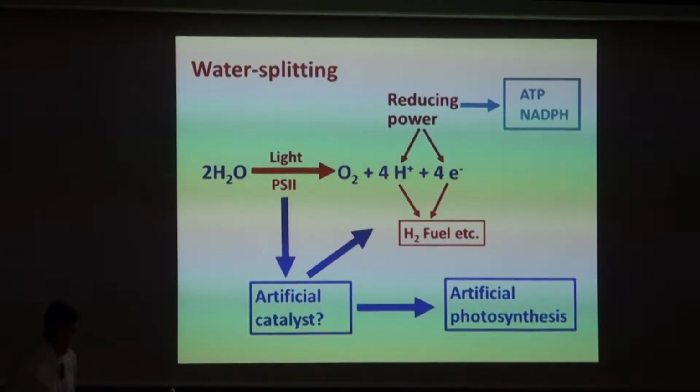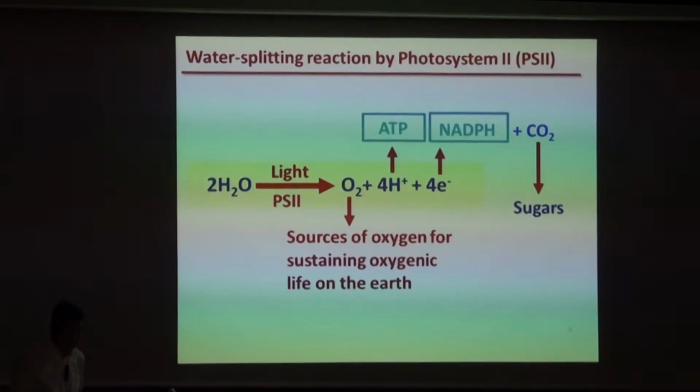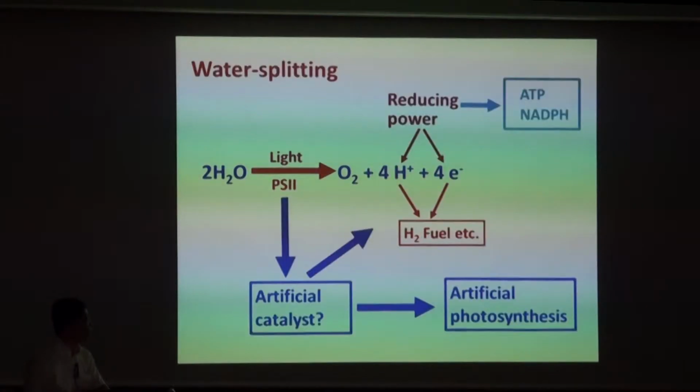And so now we study the mechanism of this reaction, not only because of our interest in understanding how this reaction occurs, but also because of the so-called artificial photosynthesis field.